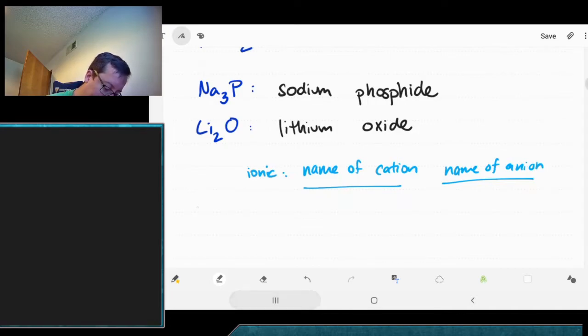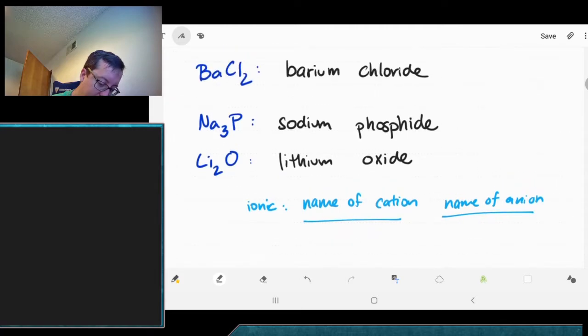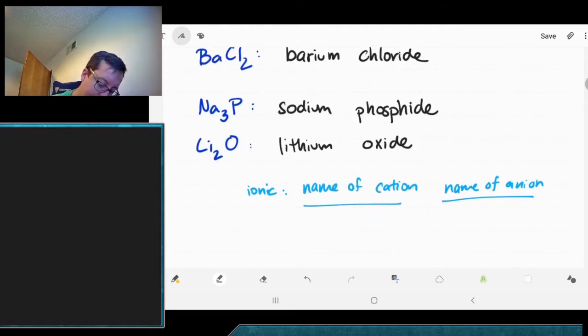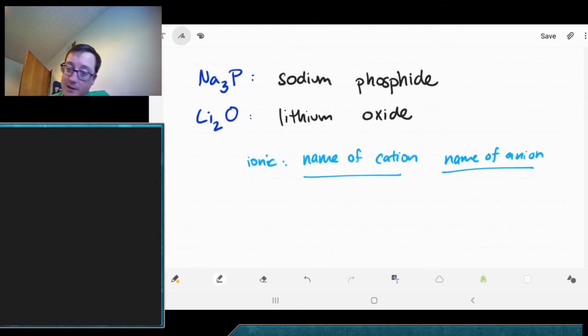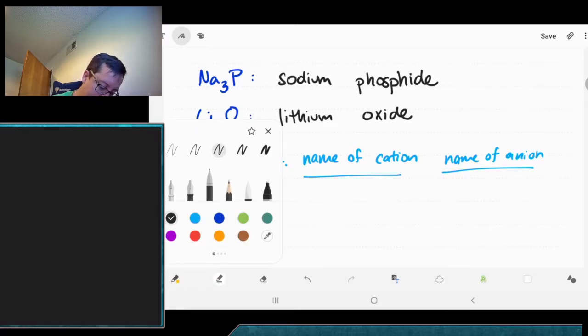If we have, for example, we can't go into that yet because we have to talk about charge balancing. Never mind. Let's talk about some with polyatomic ions now. No, I've got to talk about charge balancing first still even to do this, so let's do it. Okay.